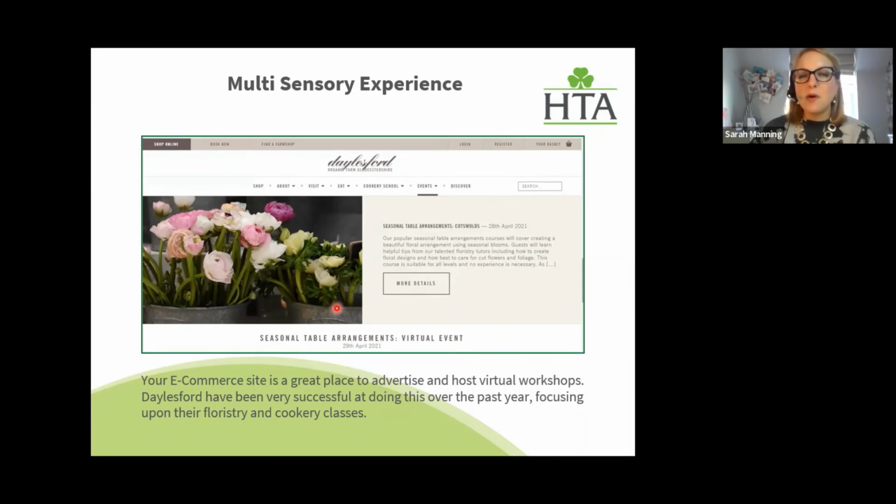So the multi-sensory experience is something I've been talking a lot about on all my other courses, trying to create more of that in-store experience online. Daylesford have created some great pages if you want to have a look at them for inspiration, where they're talking not just about their product, but they're also talking about events which are held on site.